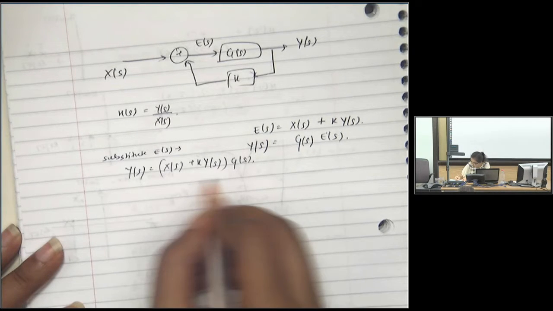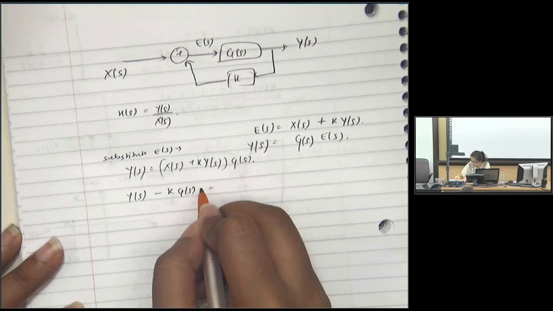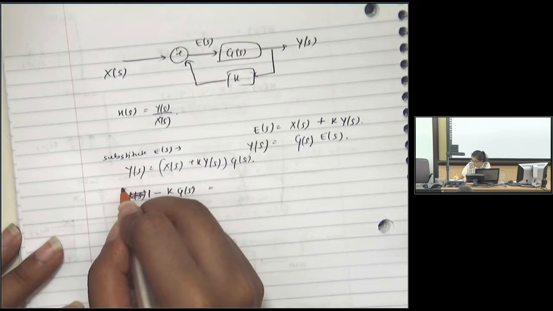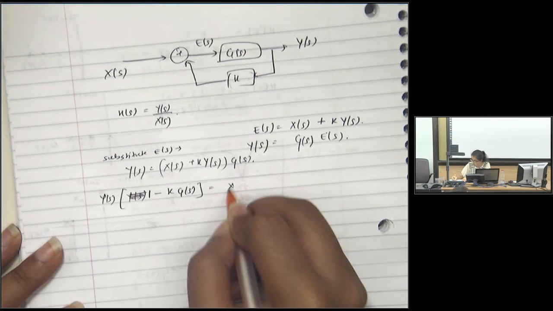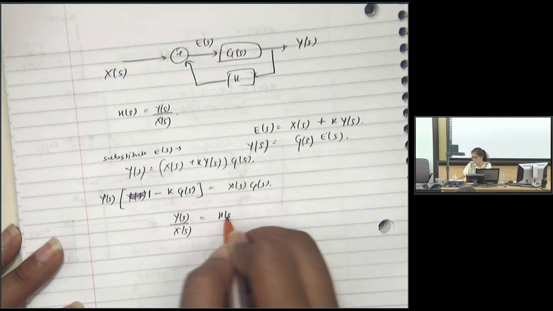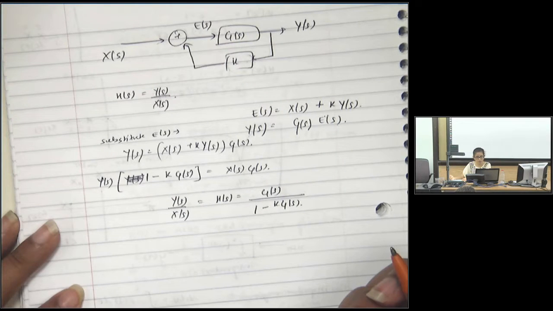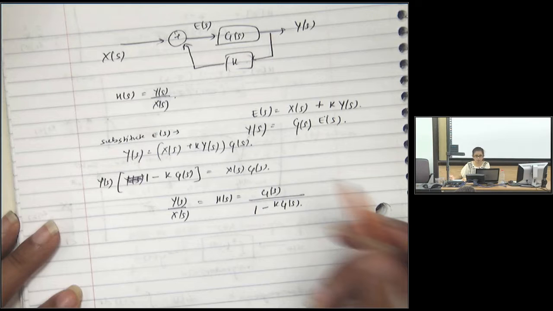So I'll have y of s times 1 minus k g of s is equal to x of s times g of s. So y of s over x of s, which is my h of s, is equal to g of s over 1 minus k times g of s. In such a question g of s would be given to you.